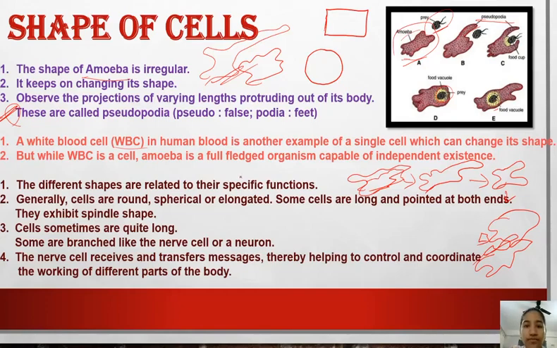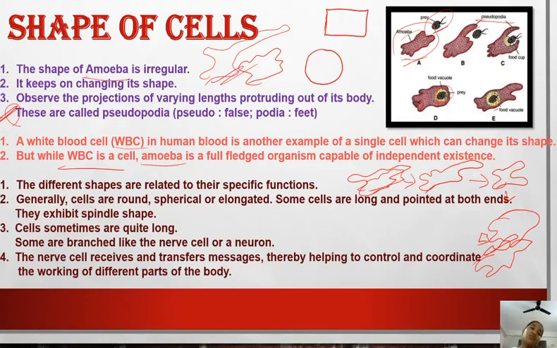They are basically for immunity. But a white blood cell is just a cell. Amoeba is a full-fledged organism capable of independent existence. So this is just a single cell, not an organism, but amoeba is an organism. So WBCs change their shape. Different shapes are related to specific functions.